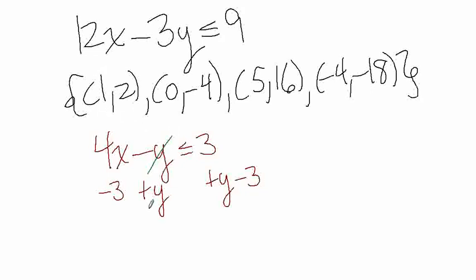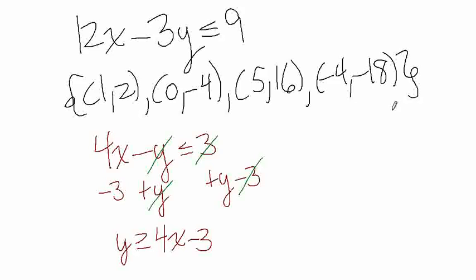We get some cancellation, and we end up with y is greater than or equal to 4x minus 3. Strictly speaking, modifying the original linear inequality like that wasn't necessary, but it might be easier to work with.